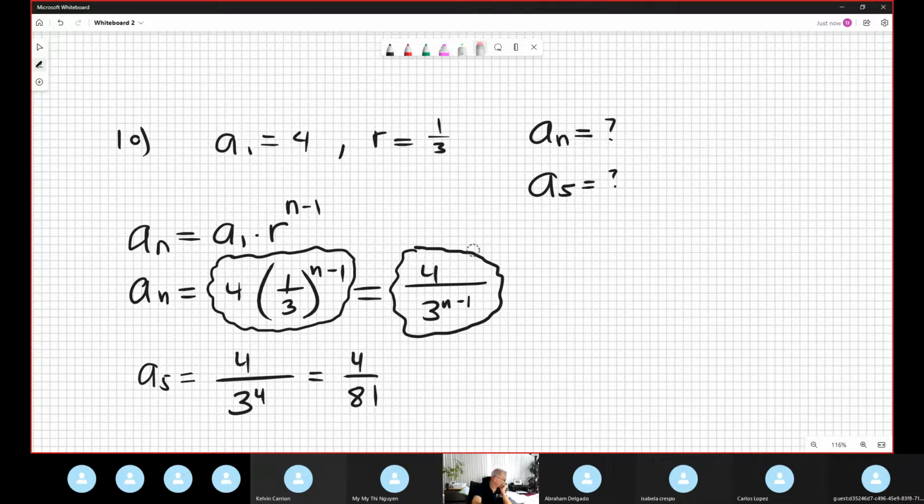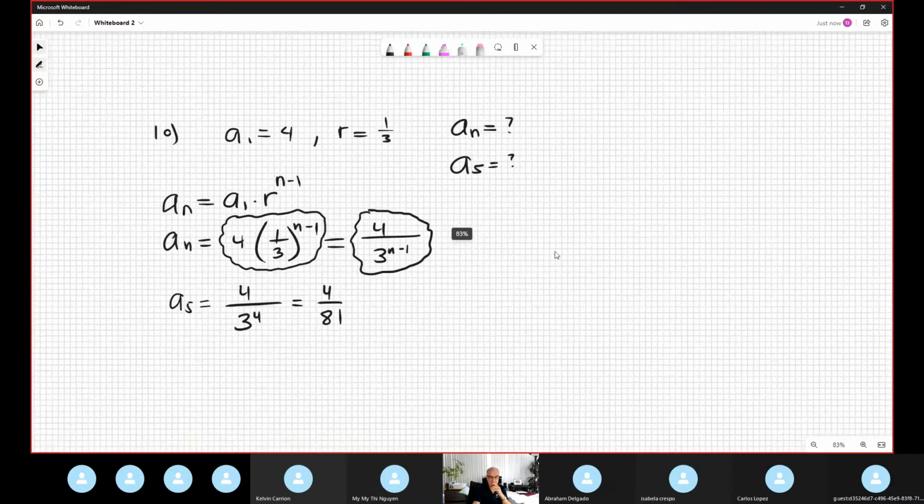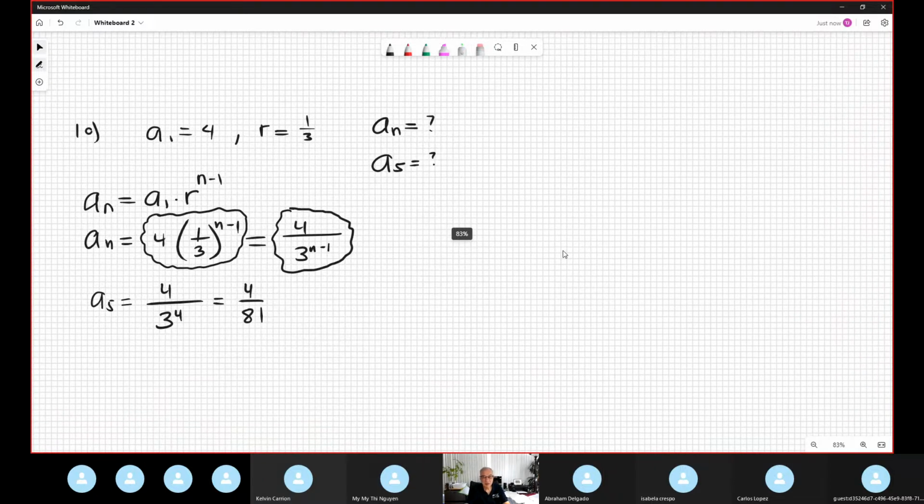Question. Number 11 is very similar. a1 is given, which is -2. Common ratio is -5.